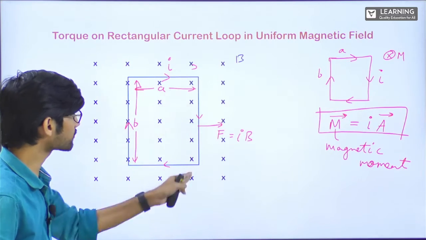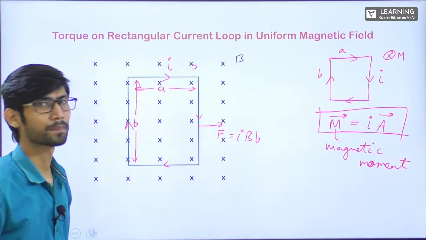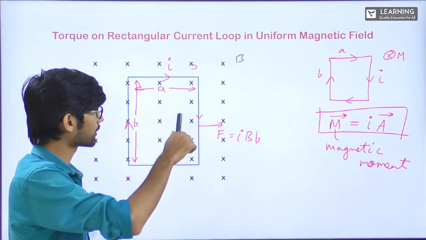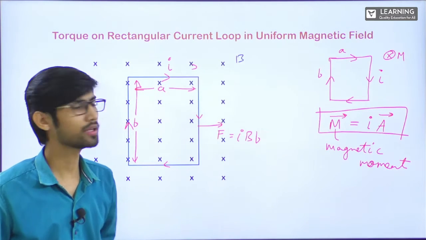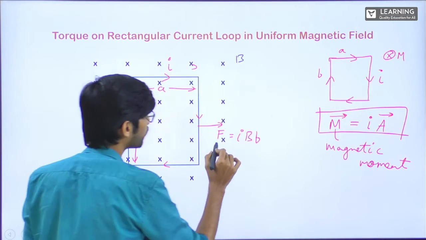For this wire, the length is b. Sin theta, the angle between this length vector and the magnetic field, 90 degrees. So sin 90 is anyways 1. So I B into b. Let's say this is force 1.